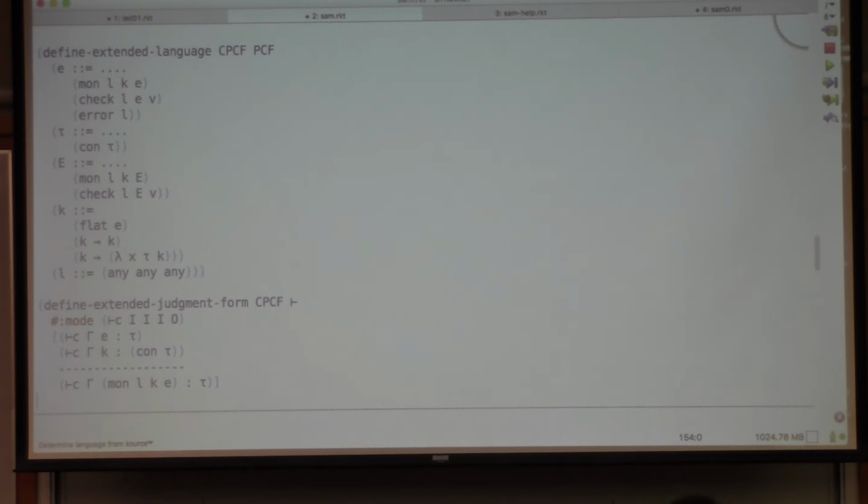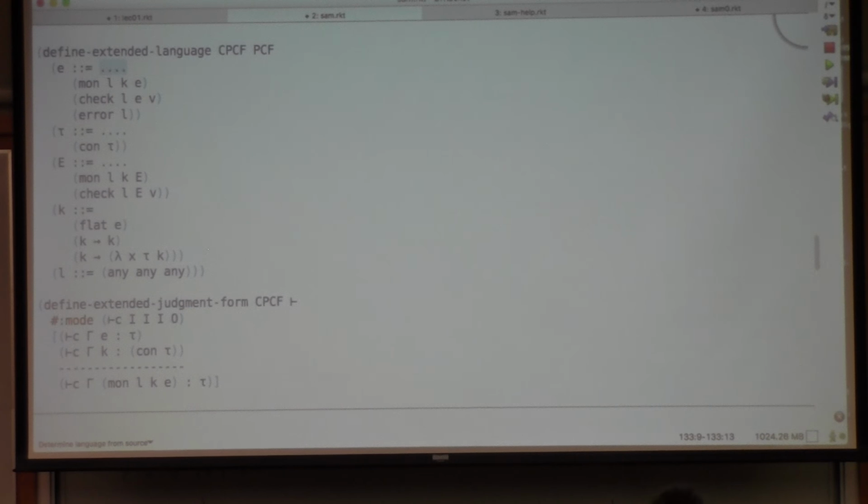That's what Plotkin meant by PCF. You'll notice I'm using these dot ellipses here. You see this in papers all the time. They start with some language and then modify it later by saying, well, it's just like that, but we change it up in this way.